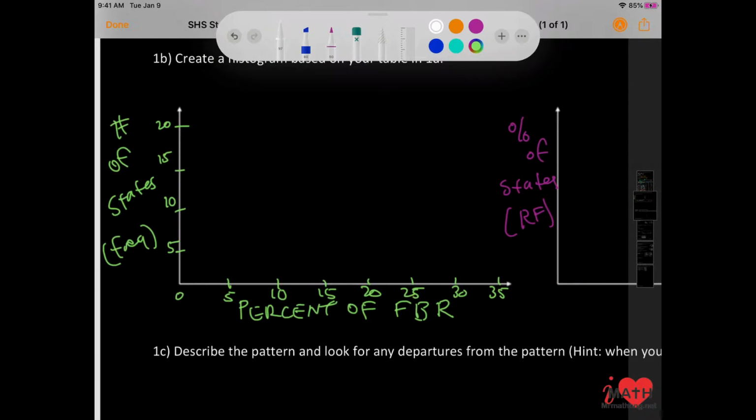Okay, and as I create this one, the first one has 20, and then the second one had 13. So this dotted line might be helpful for you. That's the 15, so I don't want to go all the way up.